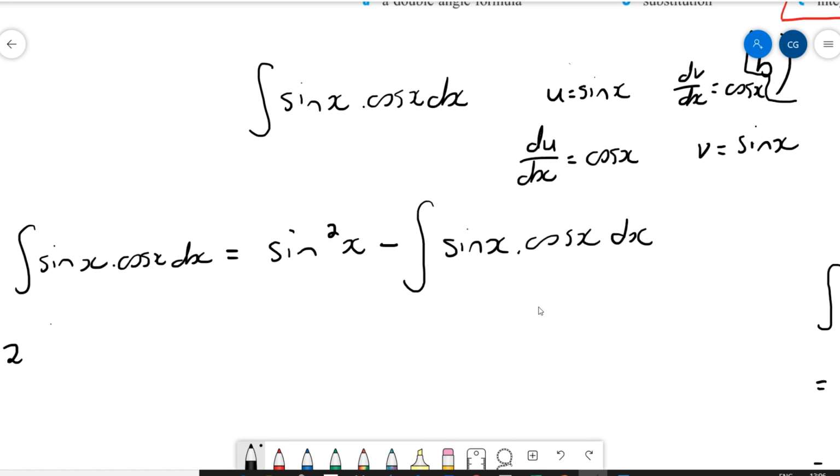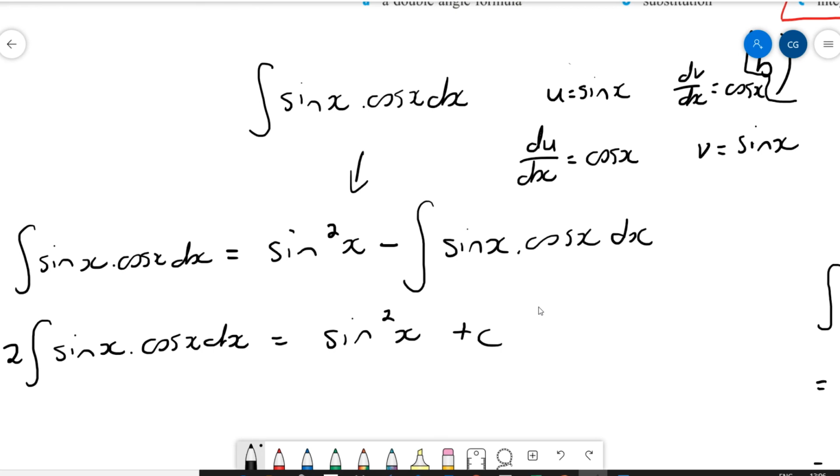So I will get 2 of the integral sine of x times cosine of x dx is equal to sine squared x plus c. You will notice that I've introduced my arbitrary constant because technically we have already integrated. Normally with integration by parts, we would integrate the second part as well, and then we would write our plus c. So don't forget the plus c, the arbitrary constant on this side.